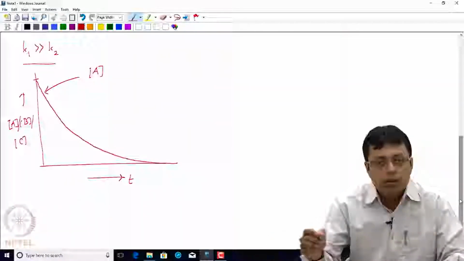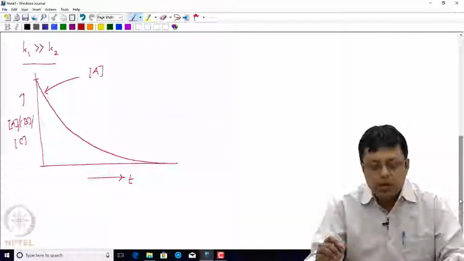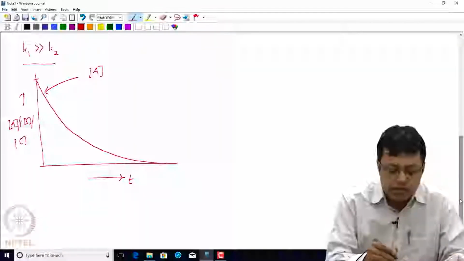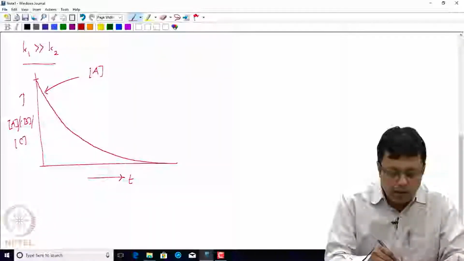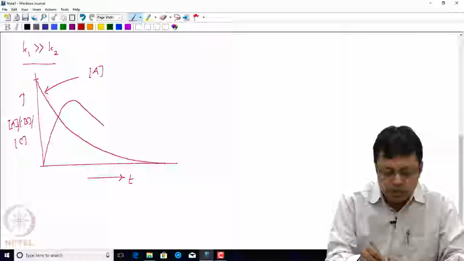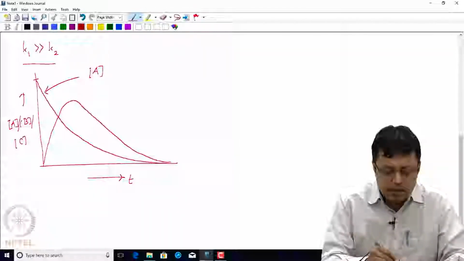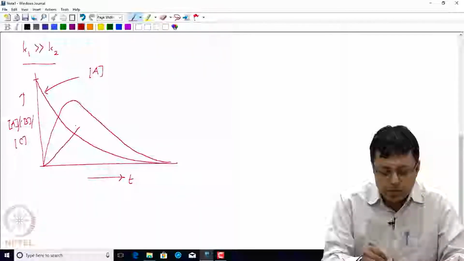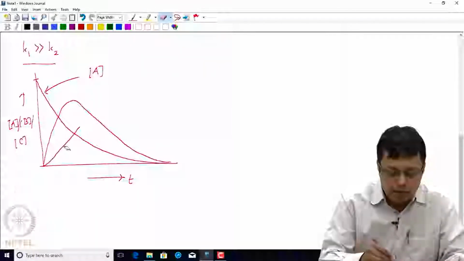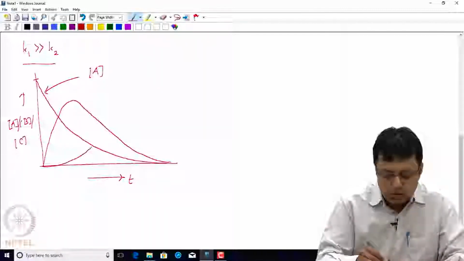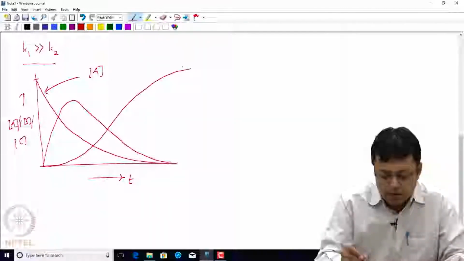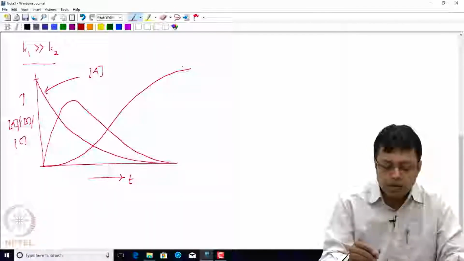You can look at the video for the earlier course where the details were discussed, and then you can show that the plot of B will be something like this. The initial concentration of B first rises and then falls, and then C grows at a very slow rate, and eventually the curve of C will be something like this. So, you can qualitatively describe the nature of the curve.